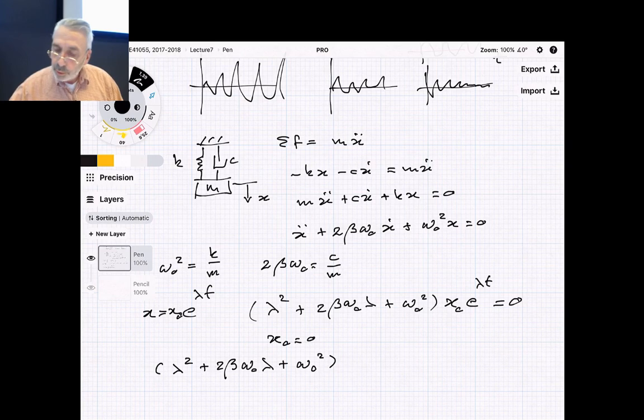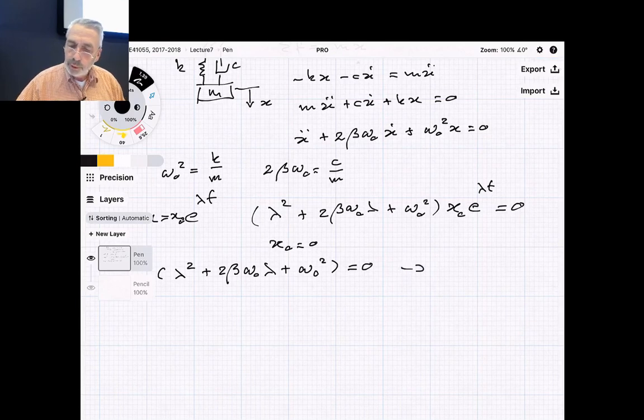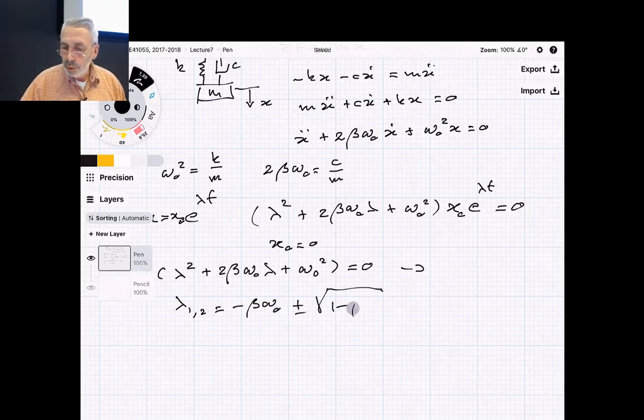So from this we can solve. If this is 0, then we fulfill a characteristic equation. And then from that we can solve these eigenvalues. Lambda 1, 2 is minus beta omega 0 plus or minus square root of 1 minus beta squared times omega 0 i. And then we see, oh yeah, these are of the form a plus bi.